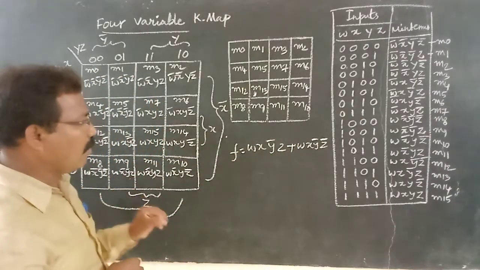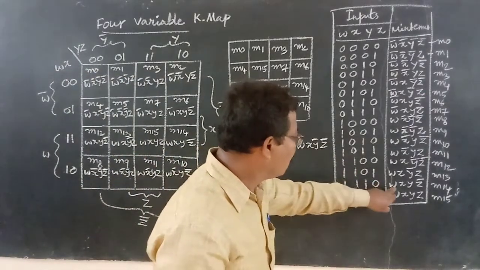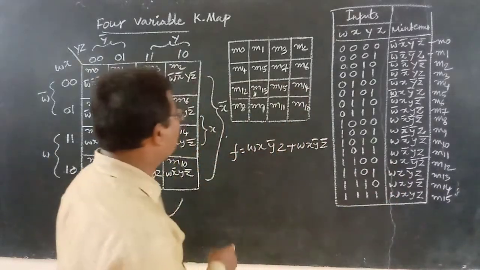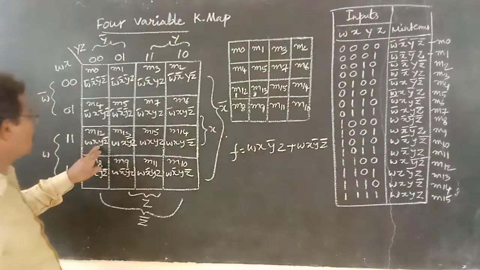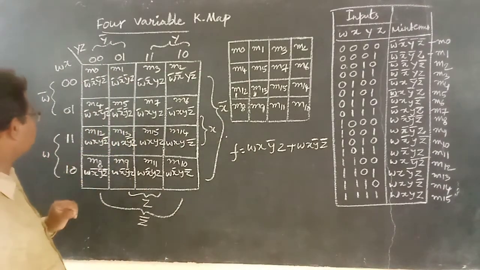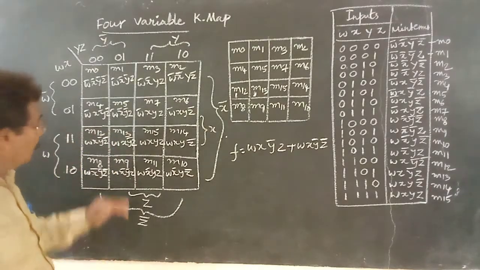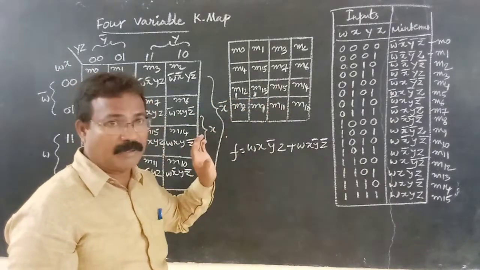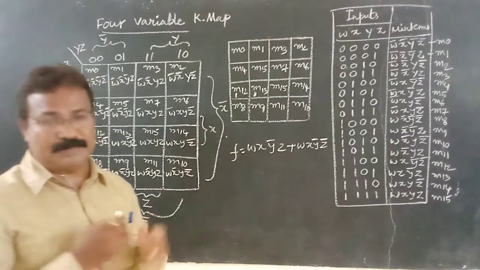Then W X Y bar Z bar, which is M12. This is the representation of the Boolean expression in the K-map. The remaining cells are 0 and there is no need to specify them.